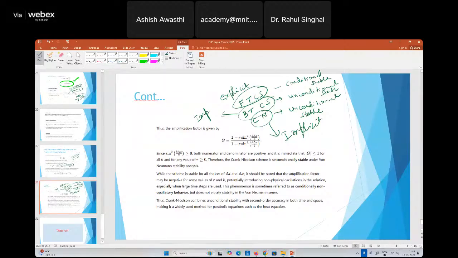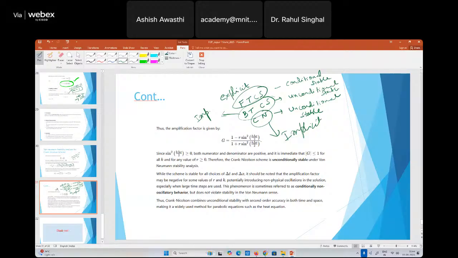But again, in terms of use, explicit schemes are comfortable, less computational effort is needed, while BTCS or CN, the implicit schemes, need more computational effort. But the plus point is that they are unconditionally stable. Their time step size is not restricted.